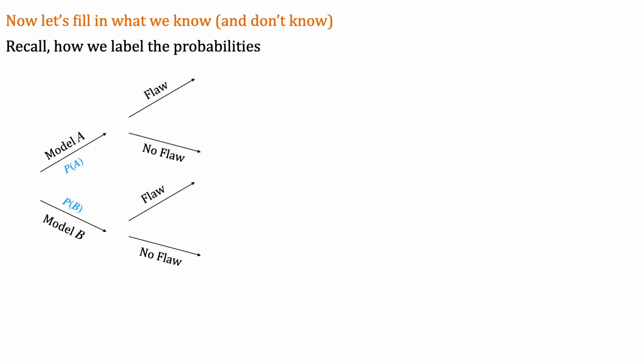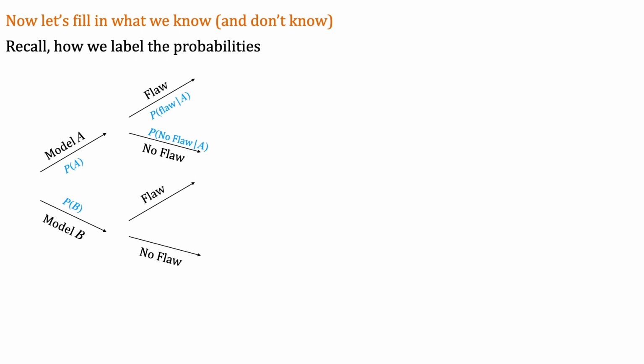Because Model A and Model B are the first stage, the value we assign to the branch from Model A is just the probability of A, and for Model B it's just the probability of B. The next stage is given that we know A, because we're already in the Model A branch.